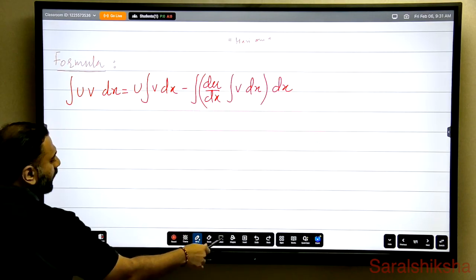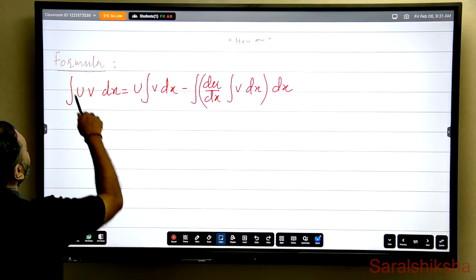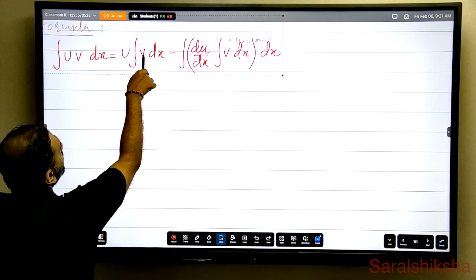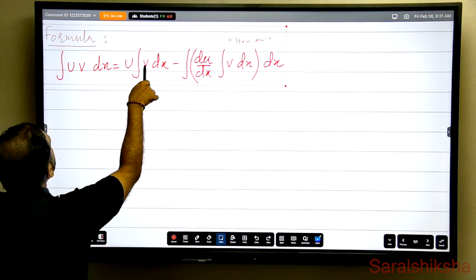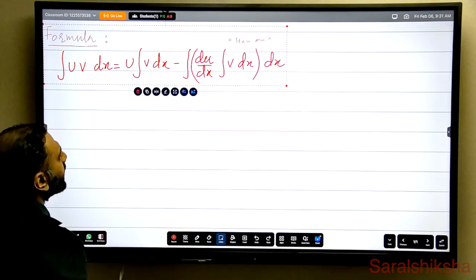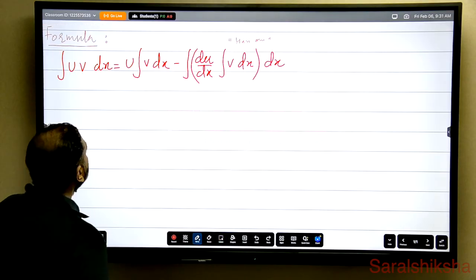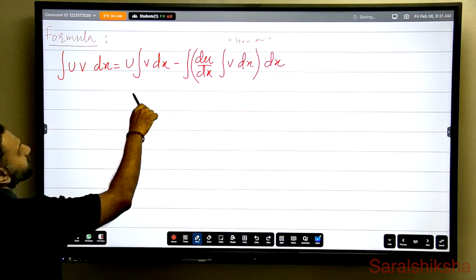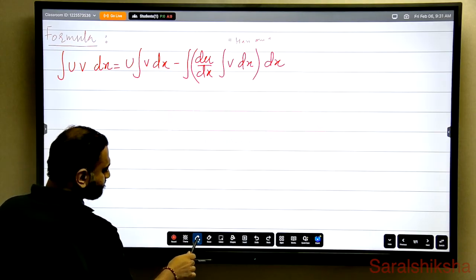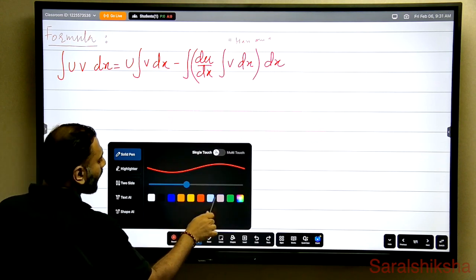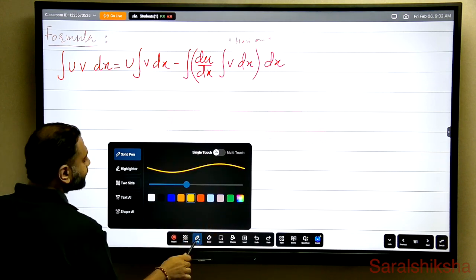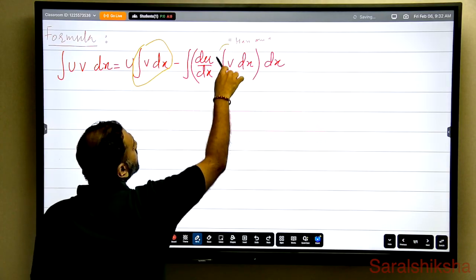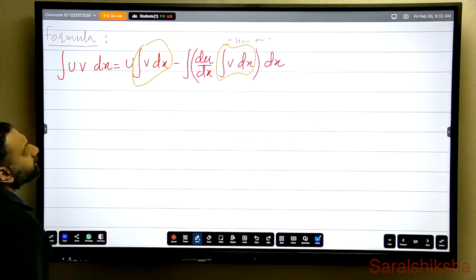Now, if we consider this as a formula, then we have to understand how we prove it. One thing you have to understand is that this integral v dx is coming twice in the formula.